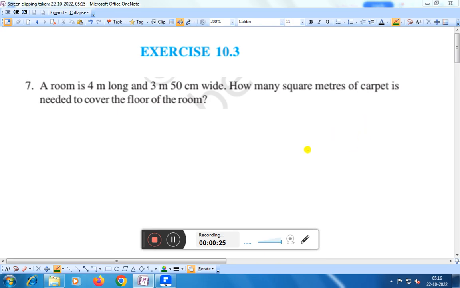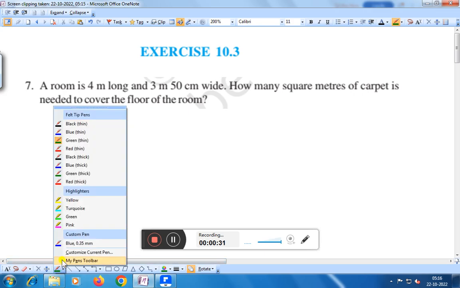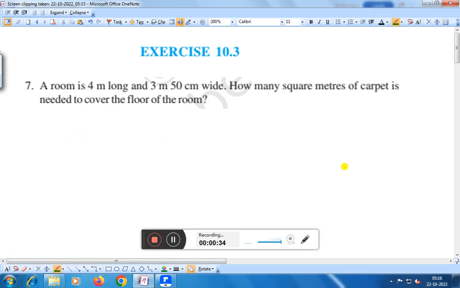It is given that the room is 4 meter long, length is 4 meter, and breadth is, this is length and this is the breadth of the room.